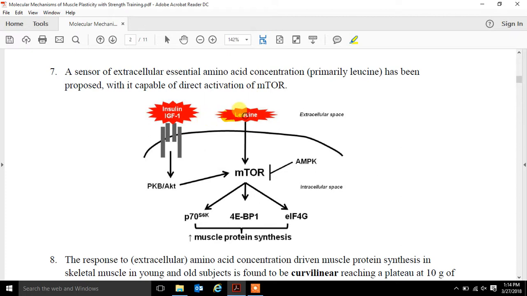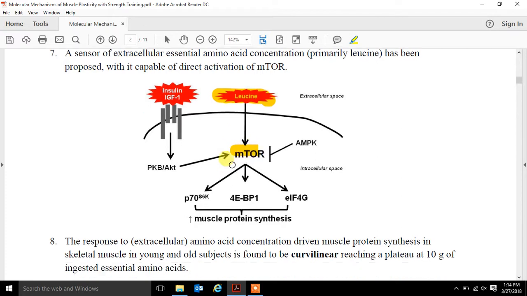And this leucine can have a direct impact, it's not really highlighted very well, on this mTOR. And this mTOR then has an impact on these downstream targets, and we'll talk about 4-EBP1 and this initiating factor in a couple pages here, but that's all eliciting increases in muscle protein synthesis.